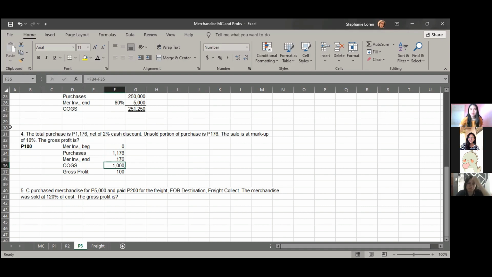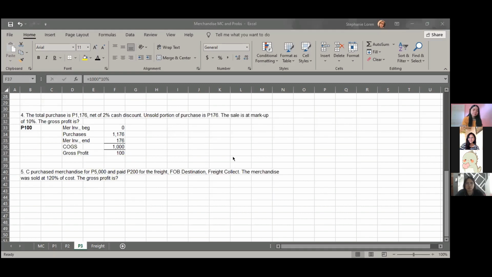And then, your markup rate is 10%. So, 1,000 plus 1,000 multiplied by markup rate na 10%. That is 100 pesos. So, nagets ba? Pa-chat na lang ng yes if nagets naman.